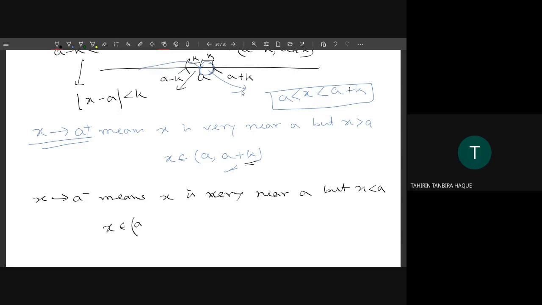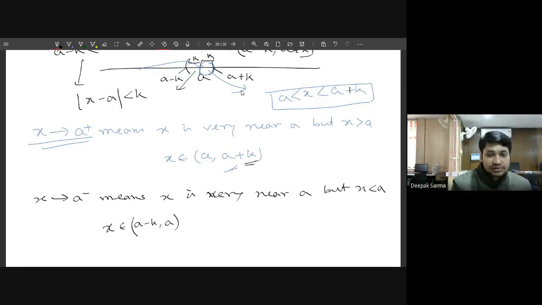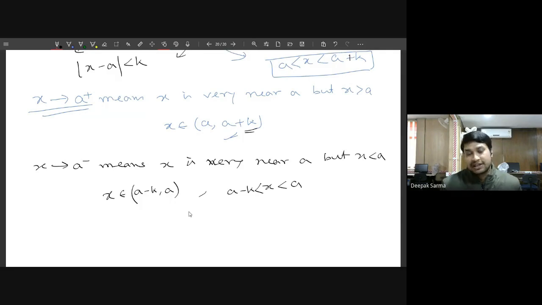So x is less than a, but it is not much less. It is very close to a. In symbols I can write x less than a, but x greater than a minus k. k is a very small number. You can choose k, h, or any other symbol. Later we will choose some standard symbol used in mathematics. Here in every case I have used k positive.